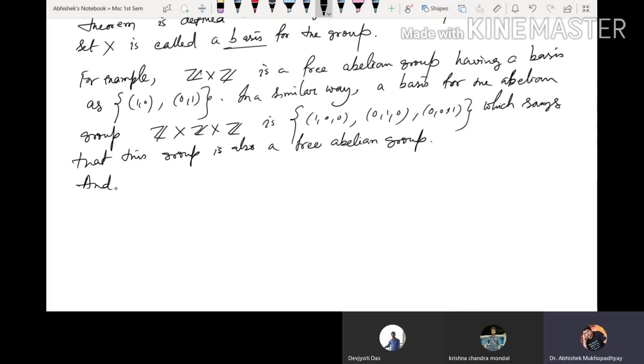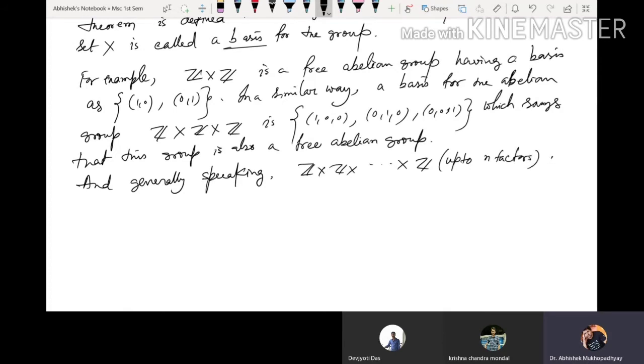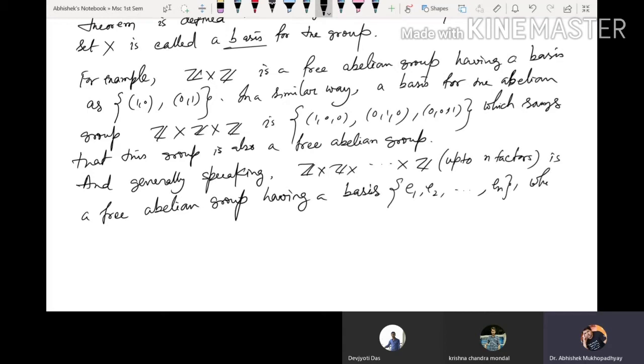And generally speaking, Z cross Z cross Z up to n factors is a free abelian group having a basis E1, E2, ..., En, where Ek equals (0,0,...,1,...,0), with 1 at the kth place.